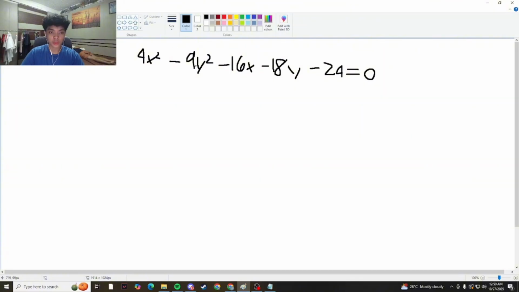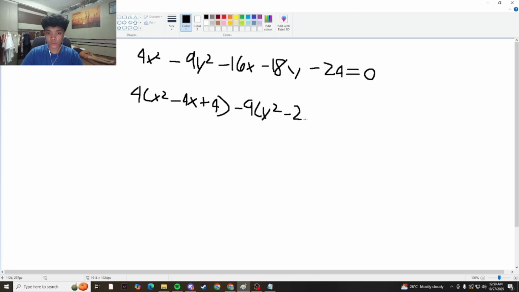First, we can group the x and y terms. So 4x squared, 16 divided by 4 is 4. So 4x squared minus 4x plus 4, minus 9 y squared, 18 divided by 9 is 2.